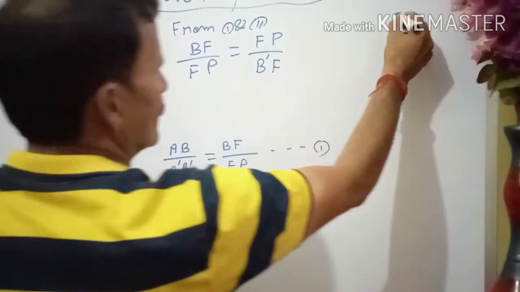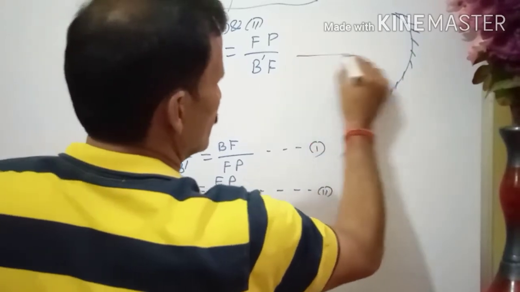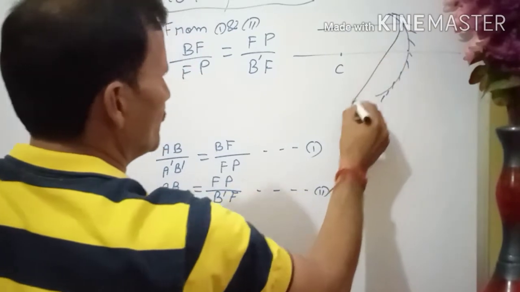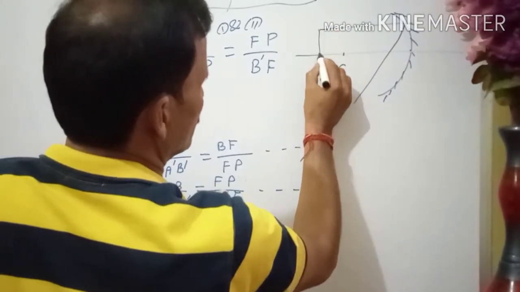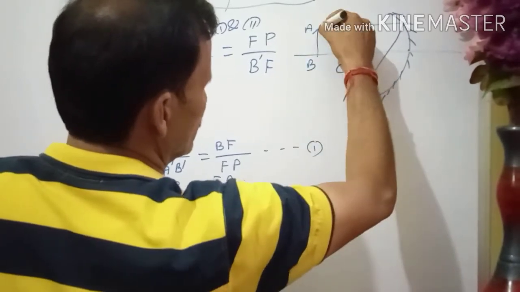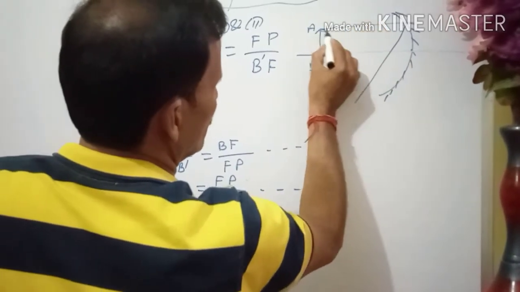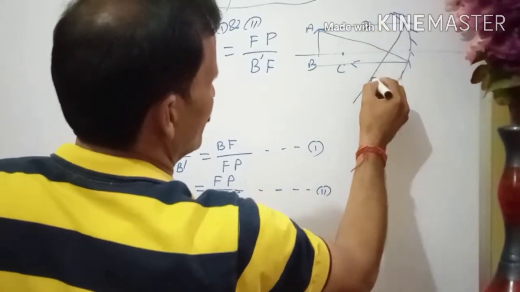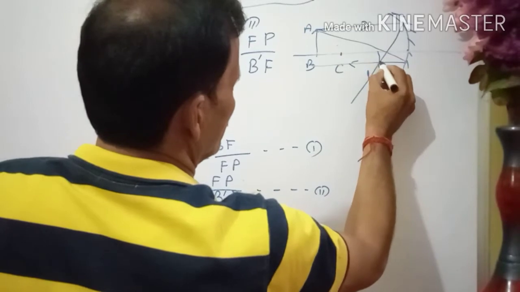Now again we are acquiring the figure because we are putting the values. So come here, C is here, and this is the ray, and this is another ray. Suppose it is coming from AB, and this is another ray passing through the focus. So it will become parallel in the same way. Notice, this was A dash B dash.